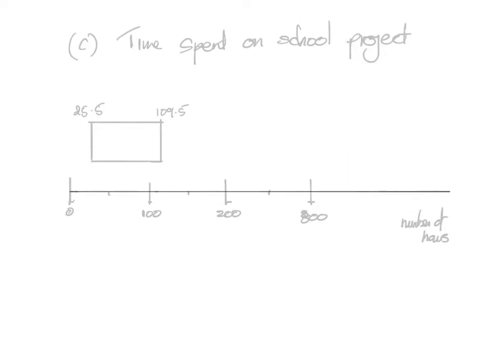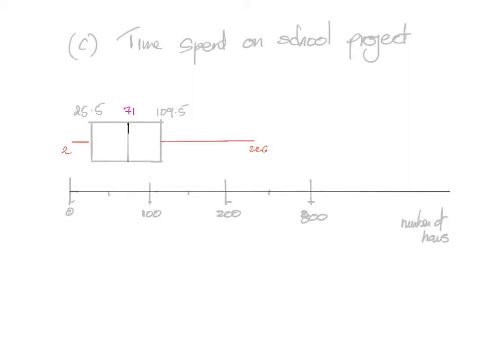What else do I know about this graph? Well, I know that the median is at 71. I also know that the minimum value is 2 and the maximum value is 264. But 264 was my outlier. So when I identify my outlier, I just identify it with a dot. So therefore, where does my whisker go to?